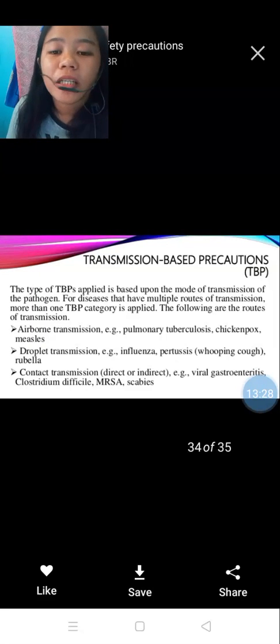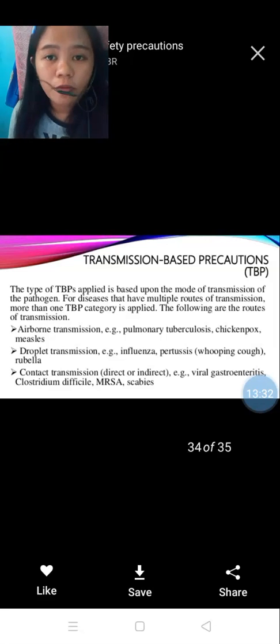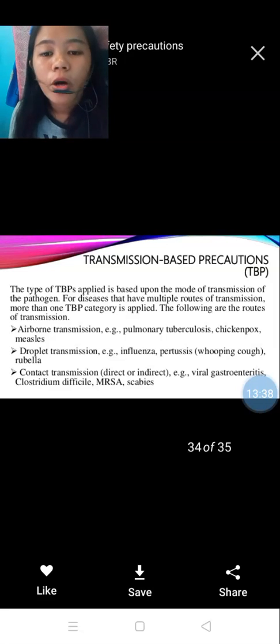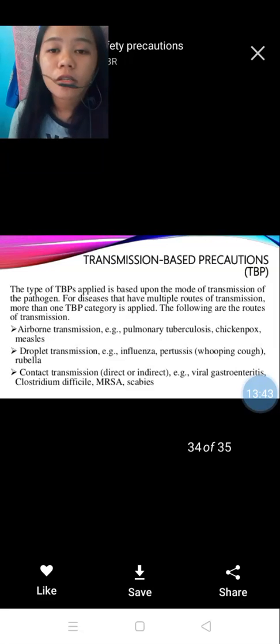The type of TBP applied is based upon the mode of transmission of pathogens. For diseases that have multiple routes of transmission, more than one TBP category is applied. The following are the routes of transmission. Airborne, which includes pulmonary tuberculosis, chickenpox, and measles.